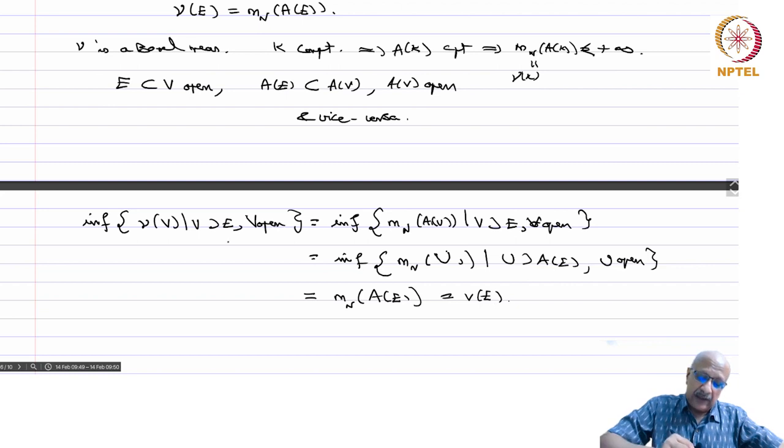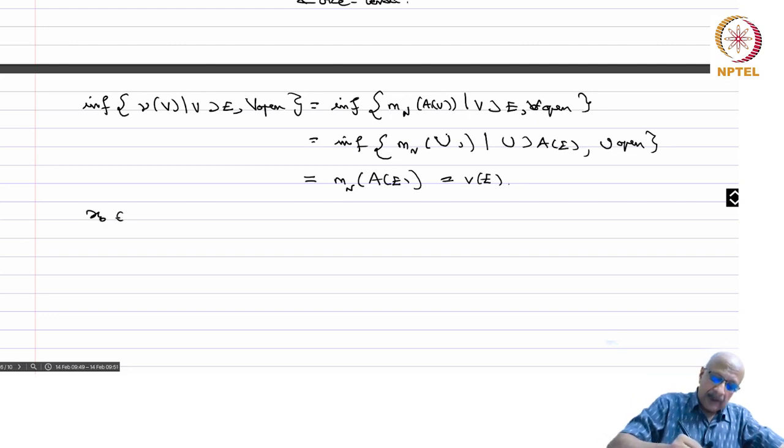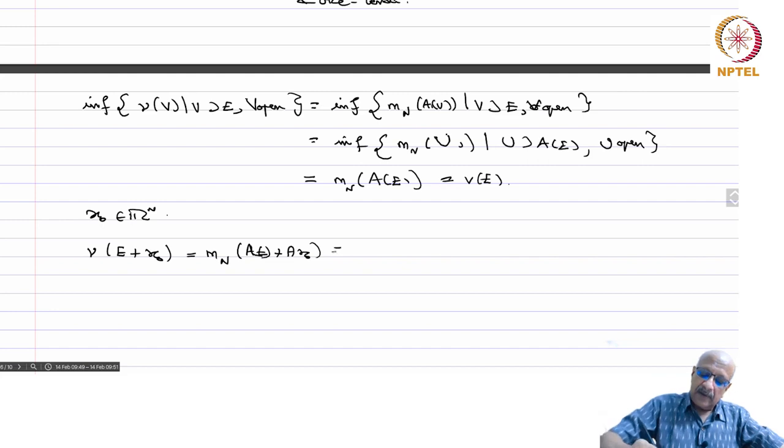Therefore, condition 2 is also satisfied: nu of E is the infimum of nu of V. Finally, translation invariance. Take x naught in Rn, and let us take nu of E plus x naught. This is Mn of AE plus A x naught, but this is equal to Mn of AE, which is nu of E. Therefore, nu is also translation invariant.